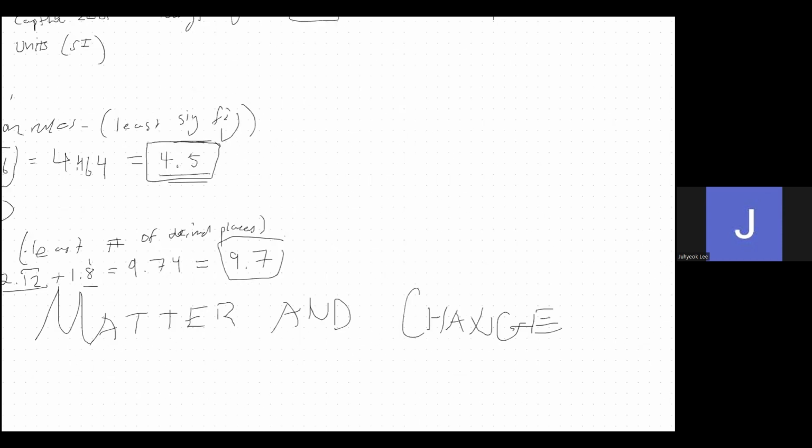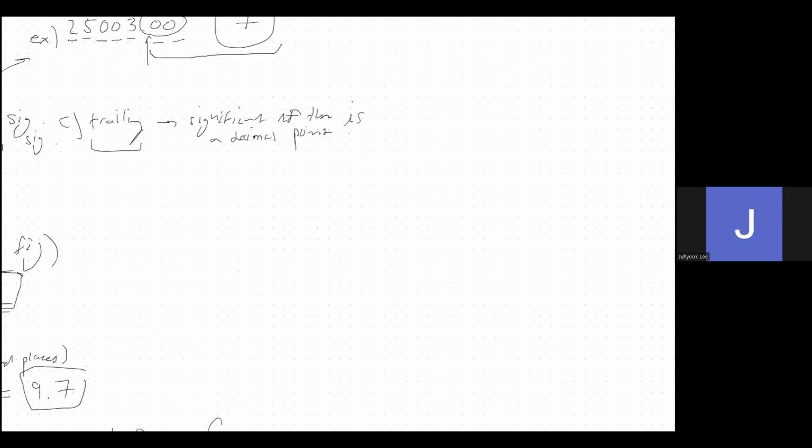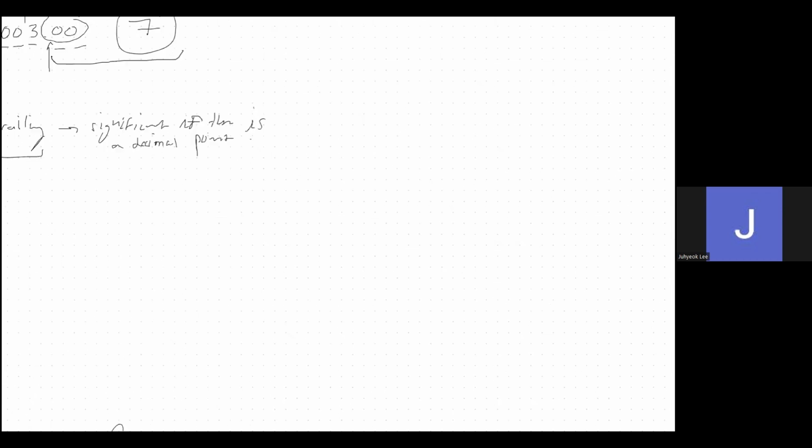Very well. Now let's go over something not really related to scientific notation or sig figs. We're going to move on to a little bit different topic. So accuracy is, the definition is how close a measurement is to the real value.